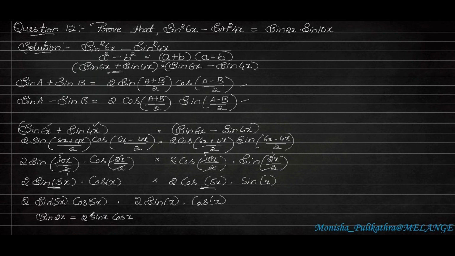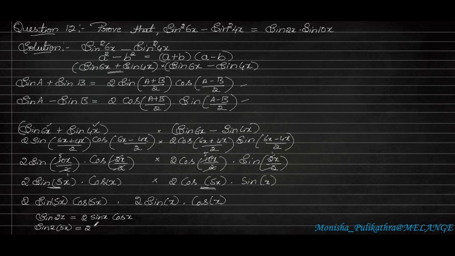So sin 2x is equal to 2 sin x cos x, whereas if we put 5x instead of this x, see here, sin 2 into, in the place of x I will be substituting 5x.